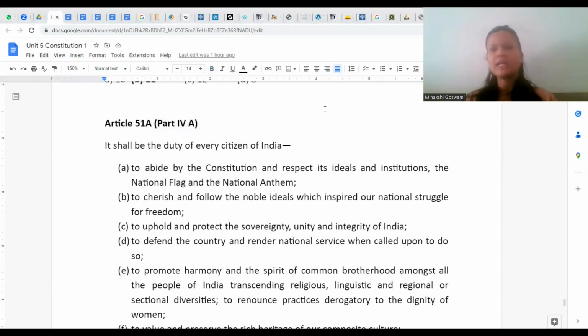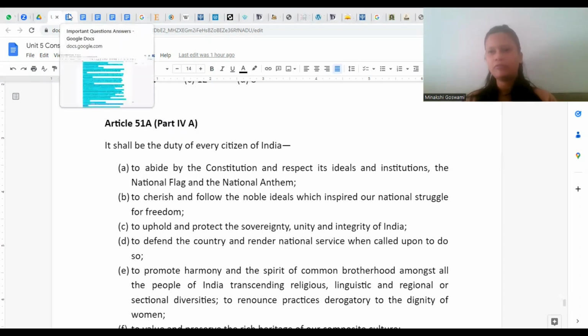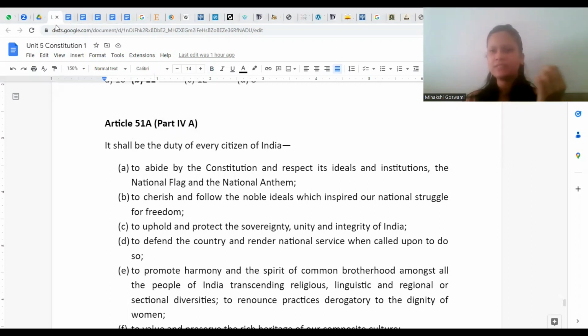Like Article 19, it's not applicable to all, but only to citizens. In others, you will see the state shall not deny to anyone. Anyone means everyone is included. If it says citizen, only citizens are included. So we have some rights which are available to citizens only, and some rights which are available to both citizens and non-citizens.